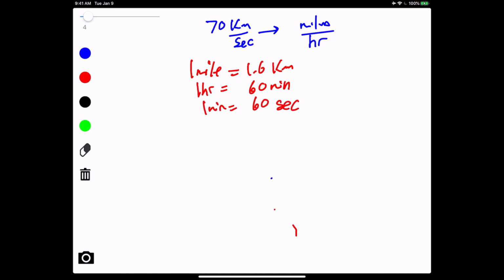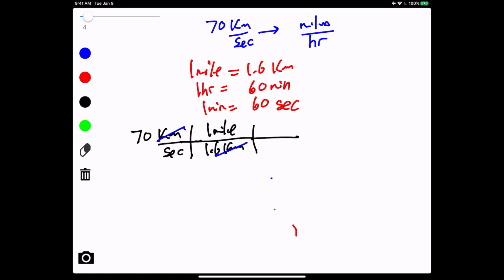And once again, we're going to set up our grid system or our tracks. So 70 kilometers per second. Here's our track. We know that for every 1.6 kilometers, that equals 1 mile. And again, when we do this, kilometers are going to cancel and we're left with miles. We're not done yet though.